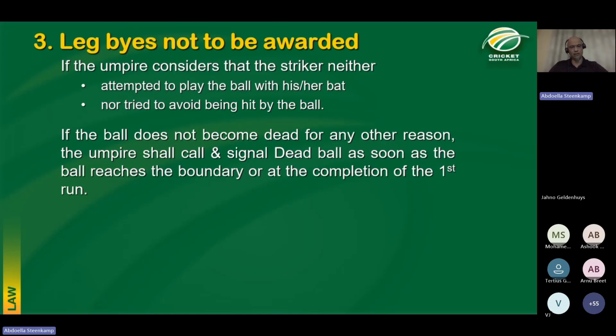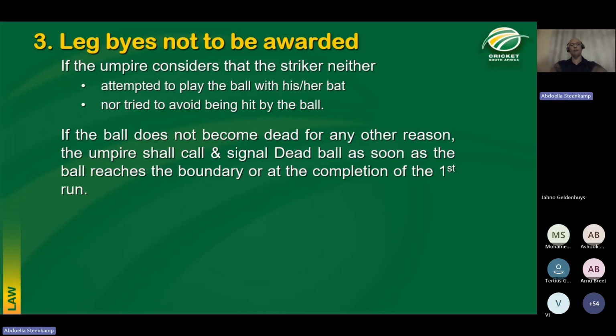So just visualize my example. The bowler delivers, the batter shoulders arms, doesn't play a shot. It hits the pad and the ball ricochets to fine leg. And the batters decide to run.